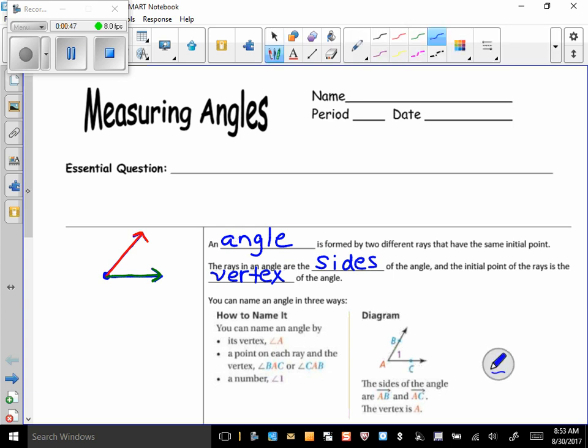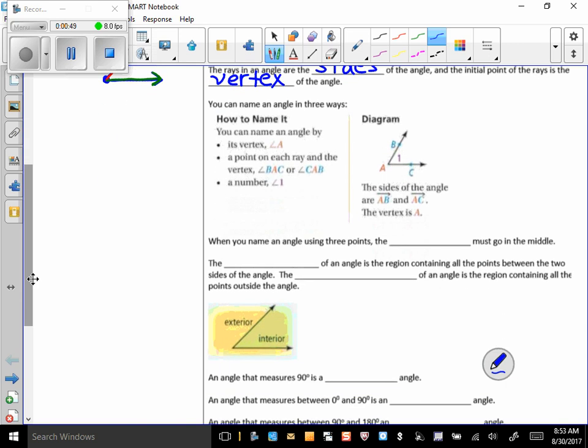All right, and I copied a little box from your book talking about the different ways you can name an angle. You got three ways. If you got this angle here, you can call the angle by its vertex. So we could call this angle A. If you have the 3 points, you can either name it angle BAC or angle CAB.